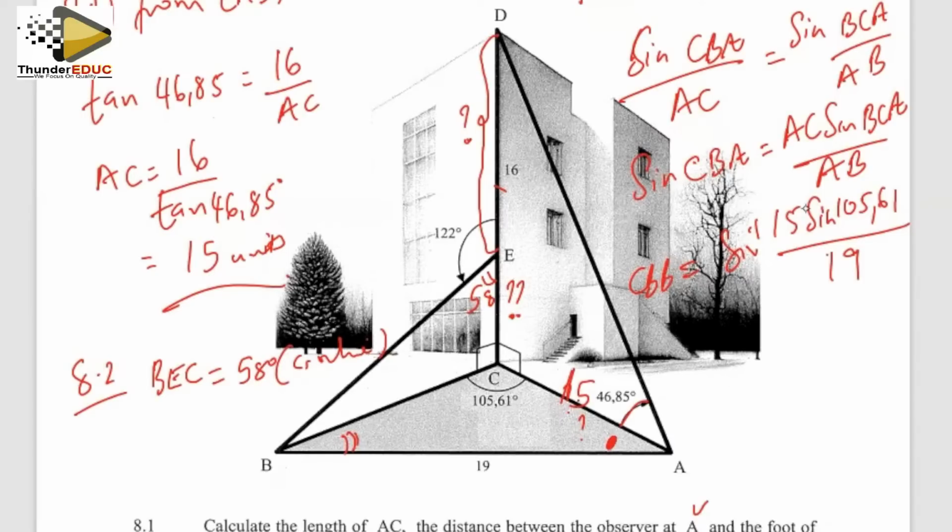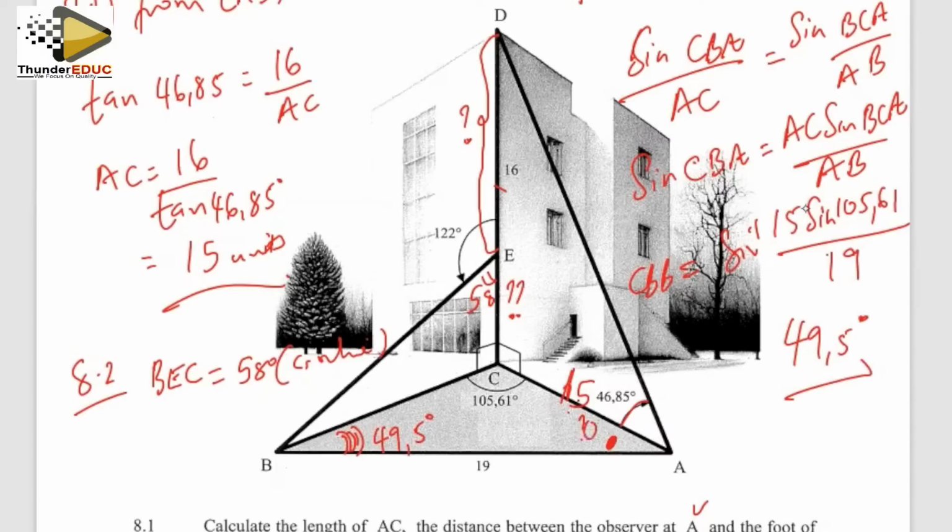So that is 15, sine of 105,61, close that bracket, over 19. Close that. So I'm getting 49,495, which is 49,5. Which means this angle here is 49,5.